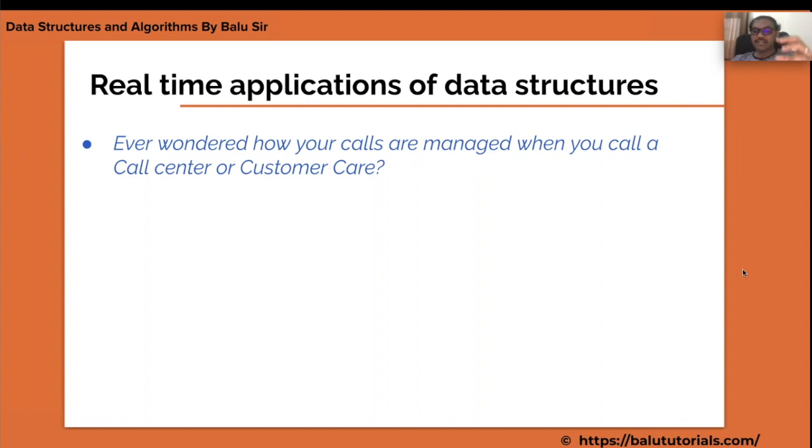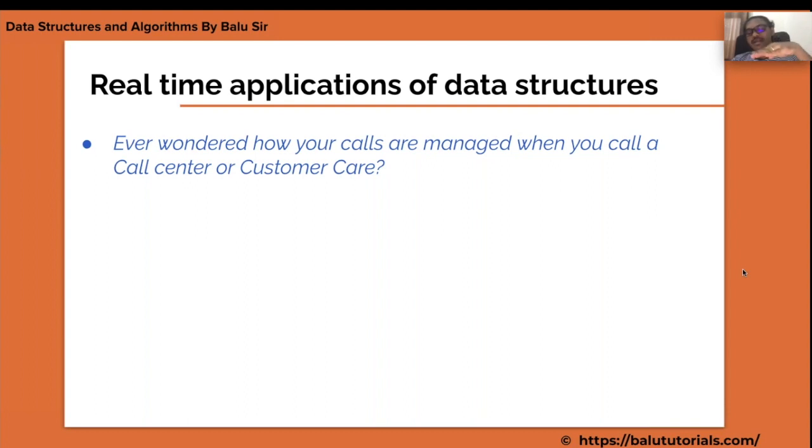The call center mechanism, meaning the call receiver software, is implemented based on queues. Whoever calls first is placed in the queue first, and whenever one agent is free, that agent pulls that particular call.